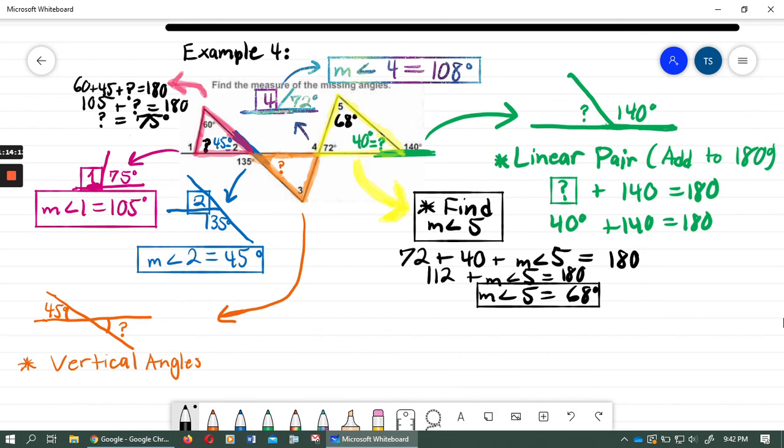I'm going to put these congruent symbols here. The measurements for two vertical angles are always congruent to each other, always have the same measurement.